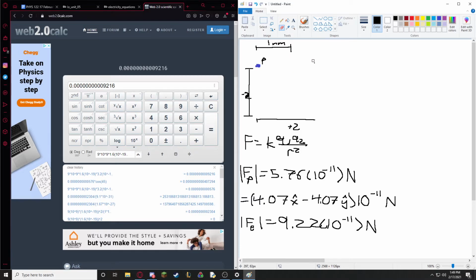So we have our alpha particle here. Our electron is going to be here. So we know our first force, Fp from the proton, is going to be down and to the right like this. Now, what direction is our force on the electron going to be?